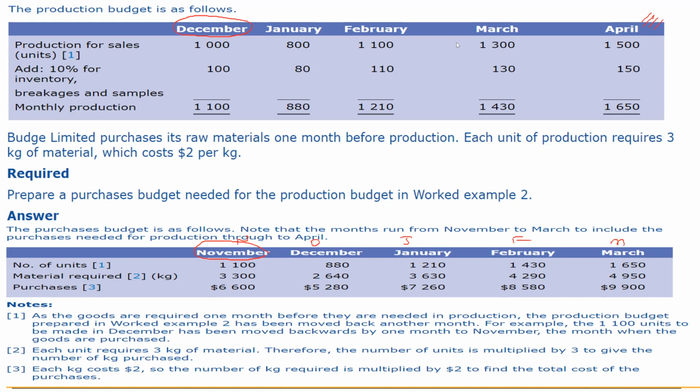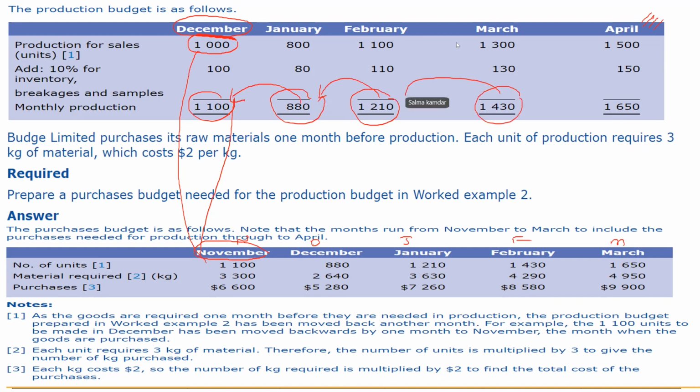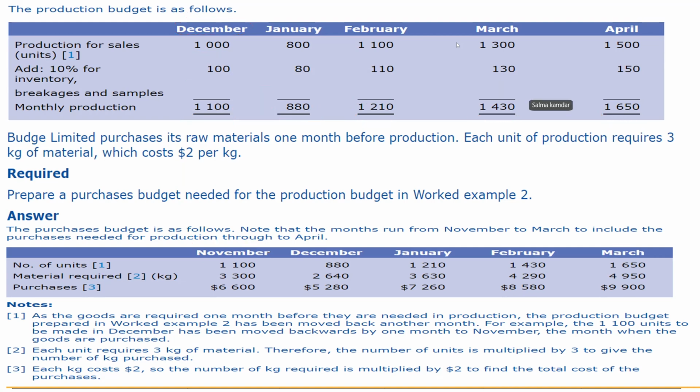What you're going to produce in December, you will purchase in November, a month before. This you will purchase in December, this in January, this in February, and this in March.